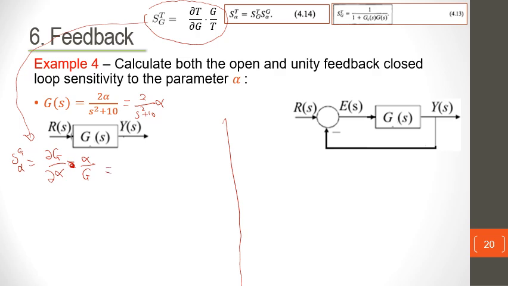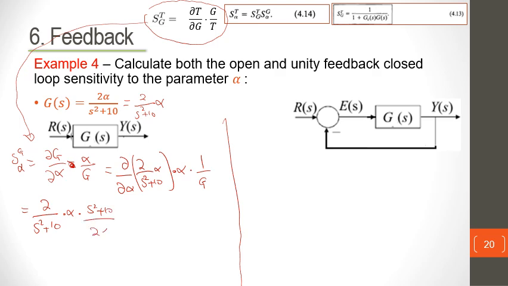We can see that this is the same as the partial derivative of 2 over (s squared plus 10 alpha) over the partial derivative of alpha, times alpha itself, times 1 over G. If we compute this part, we are left with 2 times (s squared plus 10 alpha), times 1 over G. 1 over G is simply the inversion of that, which is (s squared plus 10 alpha) over 2 alpha.